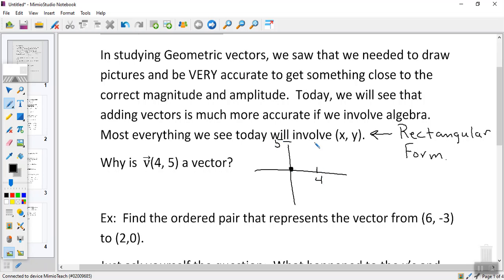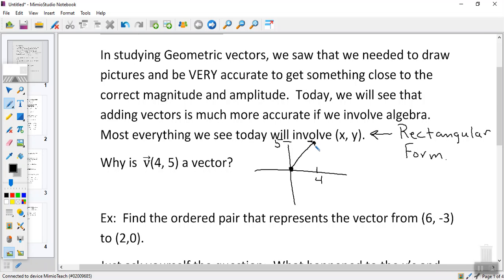Okay. And when I draw this line segment for that vector, where am I going to put my arrow? End on the right. Yep. Okay, so it's saying go in that direction. So 4, 5 is a vector because it's in standard position. It starts at the origin and goes to 4, 5, and it moves that direction.